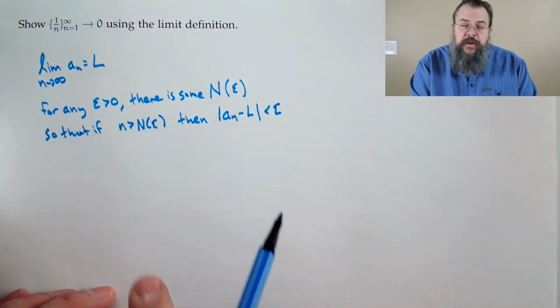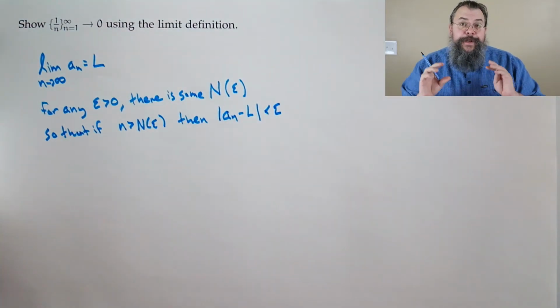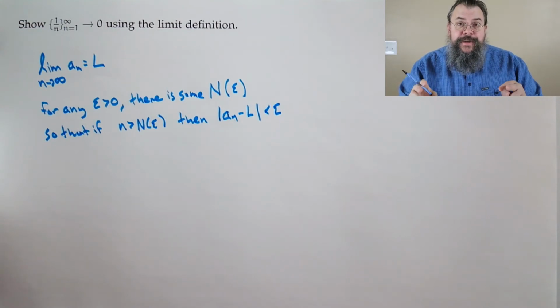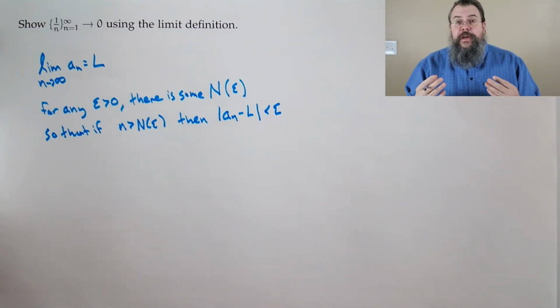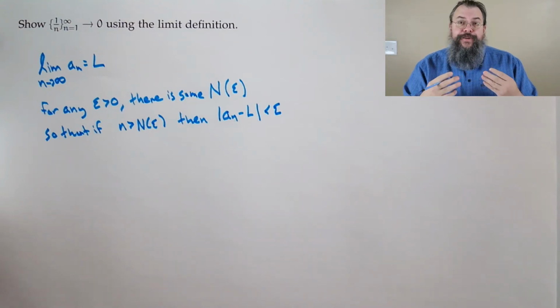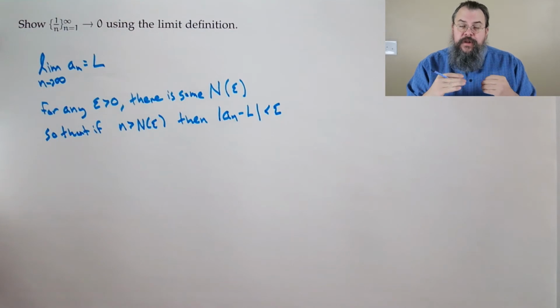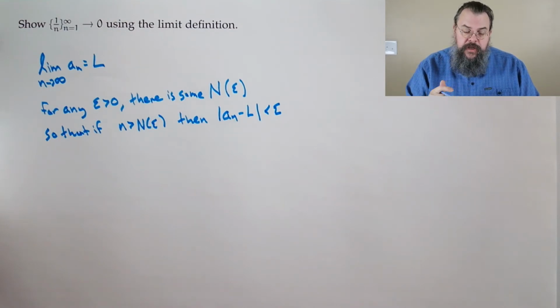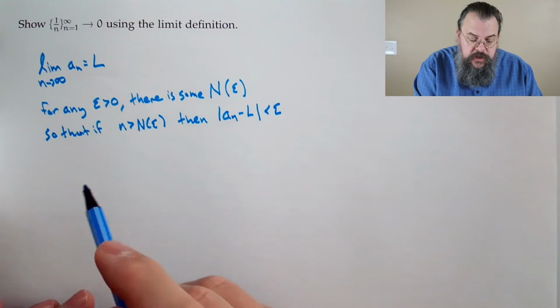Another way to think about it is that as we get close to infinity, where closeness to infinity is measured by being a large value, the difference between our sequence and our limit is very small. Okay, so that's the definition.